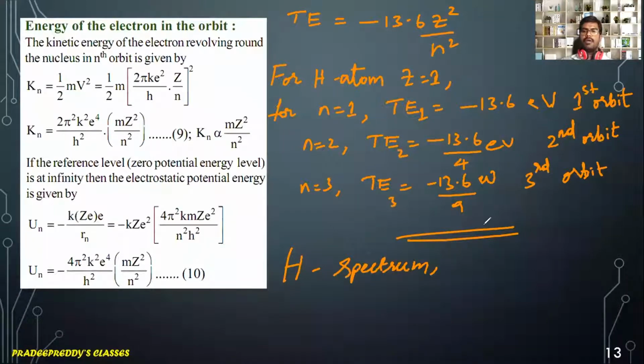In order to remove an electron from the first orbit, you need to provide an energy of 13.6 electron volt. Similarly for the second and third also. There is some energy difference, delta E, between E1 and E2. Likewise, this is delta E12. Likewise, delta E23 is equal to E2 minus E3, and so on.